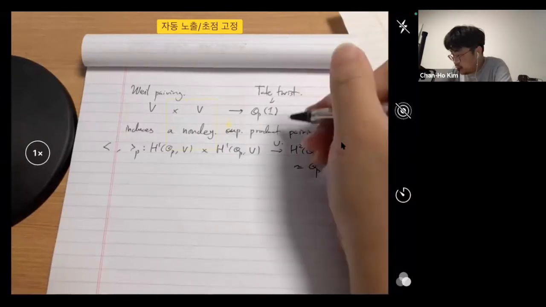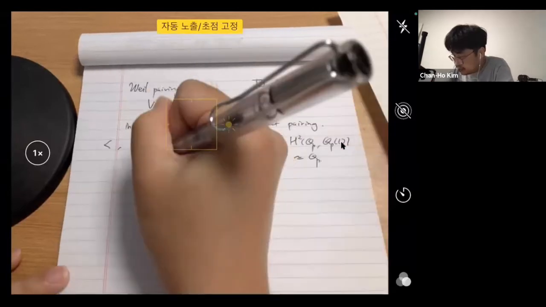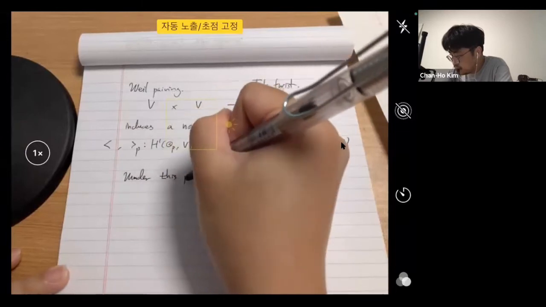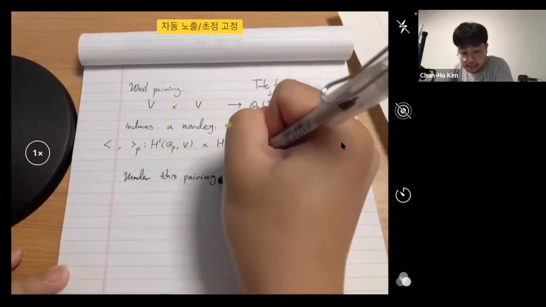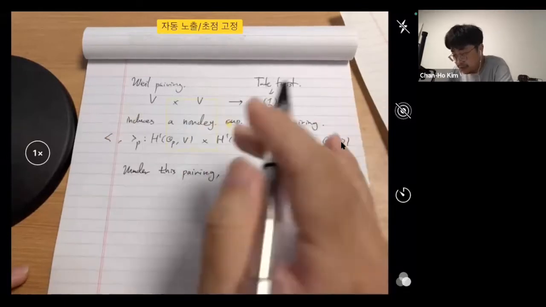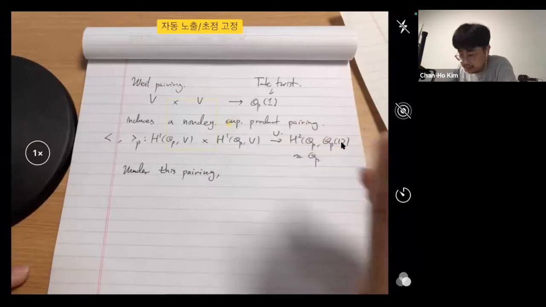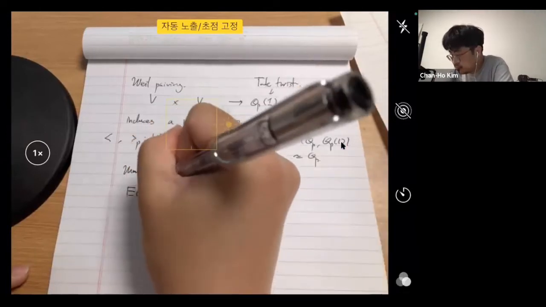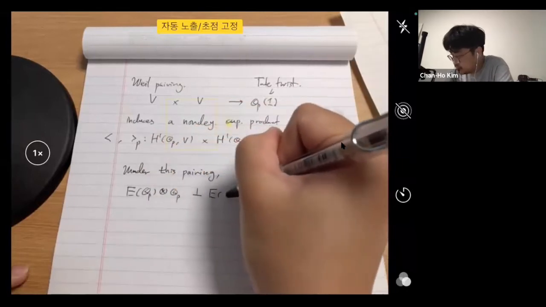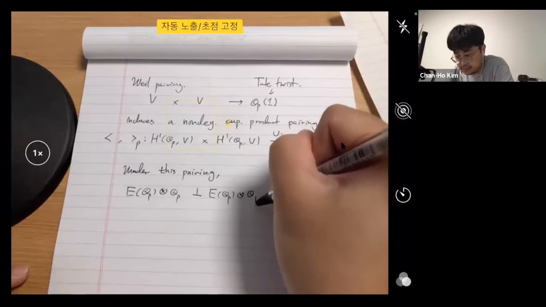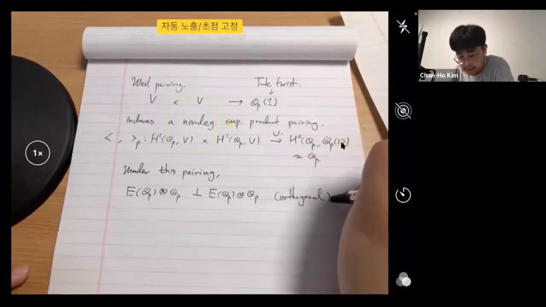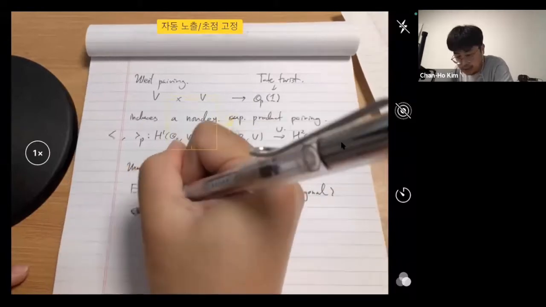Under this pairing, the local Mordell-Weil part is orthogonal to each other. This follows from the local Tate duality.